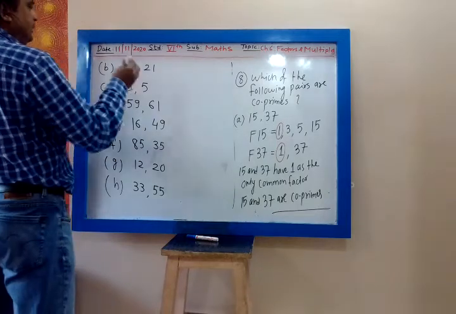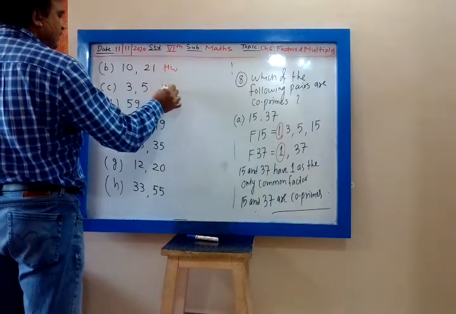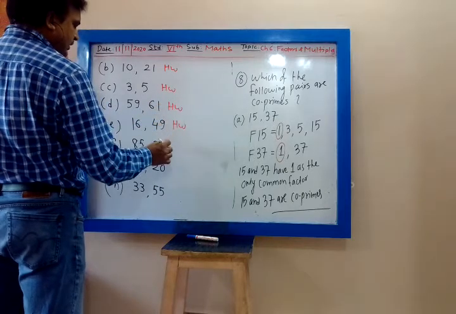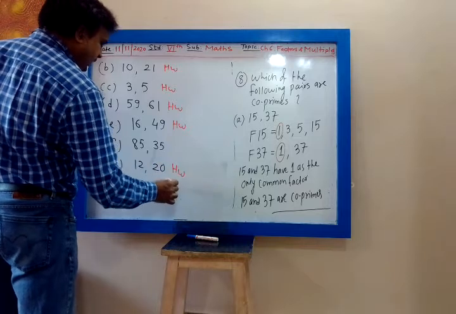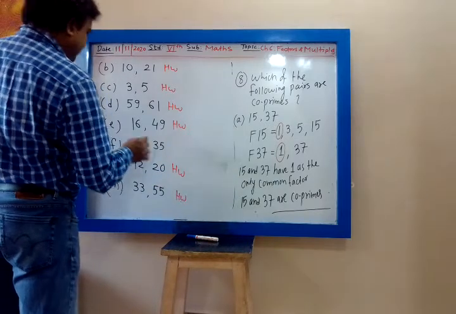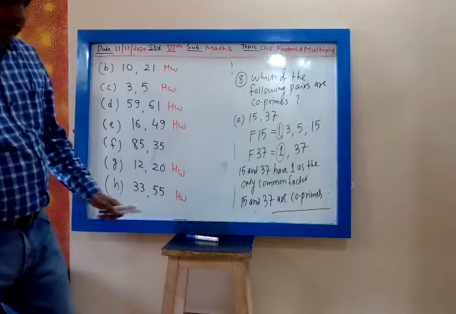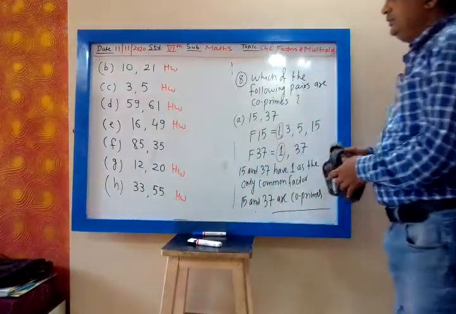Now B will be homework, C will be homework, D will be homework, E will be homework. Then F I will do. G will be homework, H will be homework.